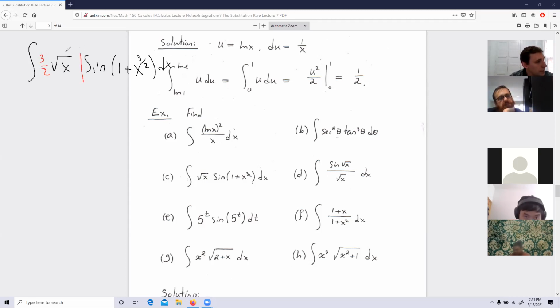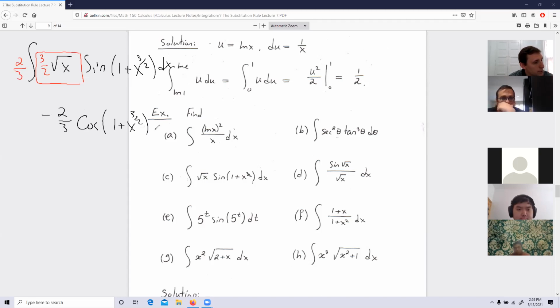Because if I have the 3 halves here, then that's perfect chain rule. But I don't have a 3 halves, so I multiply by 2/3. And now everything is very easy. Now the antiderivative of sine is minus cosine. So it would be minus 2/3 cosine of 1 plus x to the 3 halves plus c.